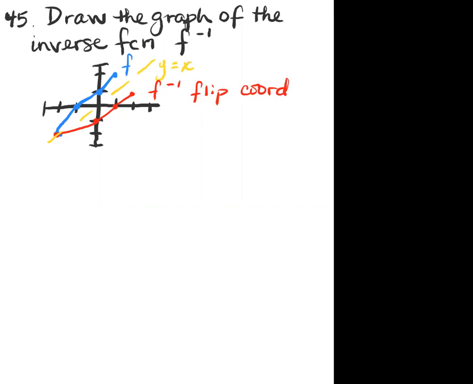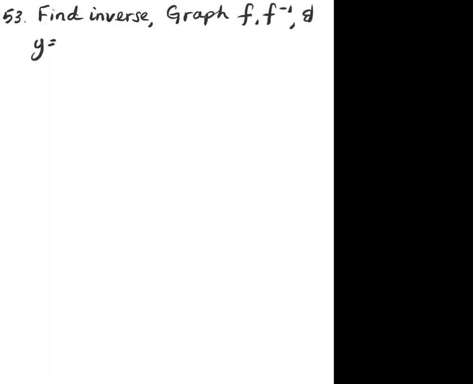Okay, let me do a new whiteboard for the next one. So we're going to find the inverse. We're going to graph f inverse, and y equals x for f of x equals 4x plus 2.